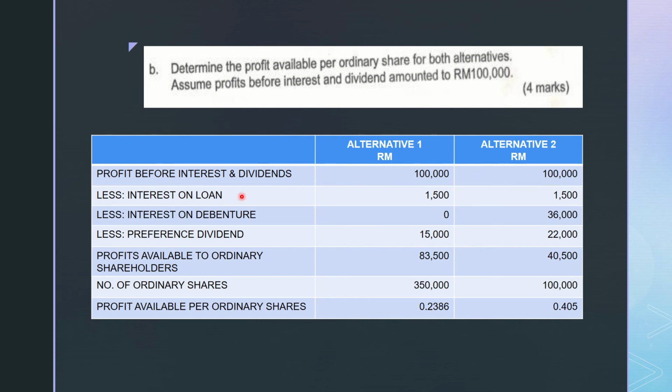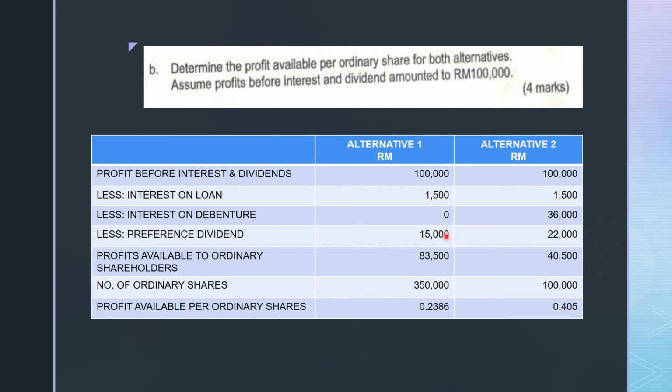And then you minus interest on loan, for the first alternative 1,500. For the second alternative also similar, 1,500. This amount you can get from your answer in A. The next step is to deduct interest on debenture. For the second alternative the amount is 36,000. And the third step, minus preference dividend.